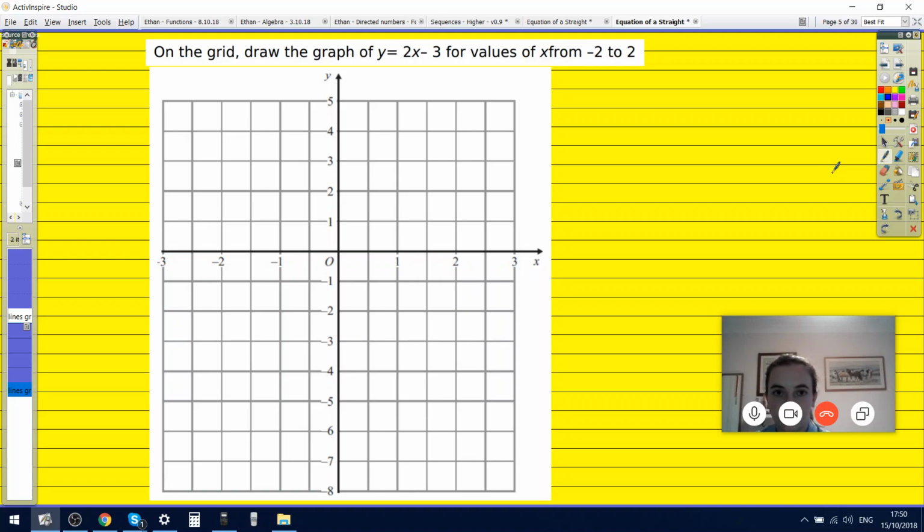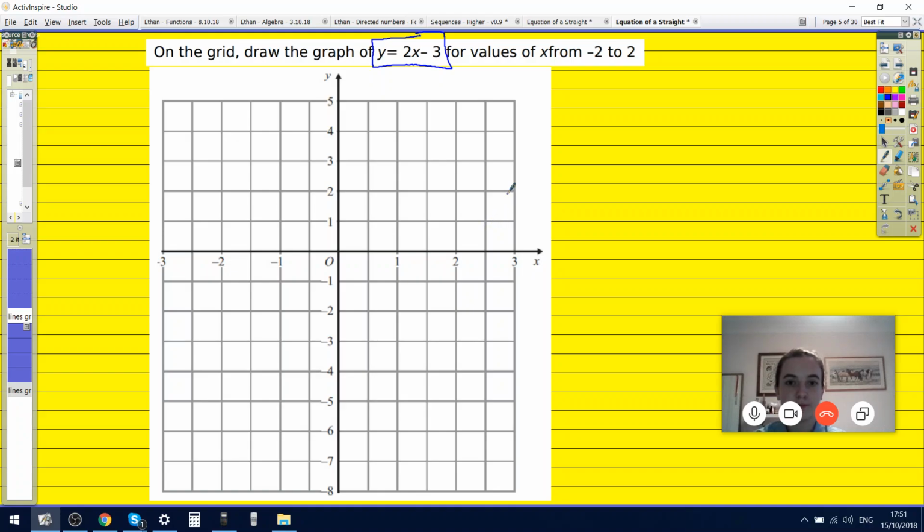But 1, 2, and 3. Yeah. And what type of graph is this? y equals 2x minus 3. A straight line graph. Yeah, straight line graph. And so for a straight line graph, you only need 2 points if you recognize it's a straight line graph.